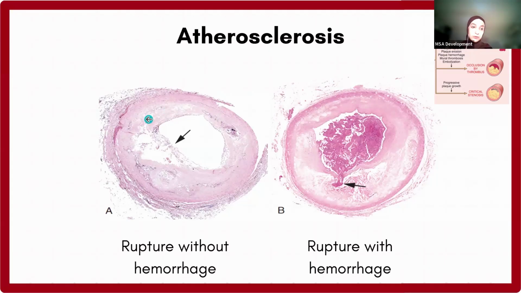Especially if the fibrous cap is vulnerable, this means that it's a vulnerable arteriosclerosis, it's more prone to rupturing, okay? So here, this is a rupture with hemorrhage, and this is one without hemorrhage. As you can see, this one has the formation of a thrombus over here, which is not good, and this one doesn't have anything.